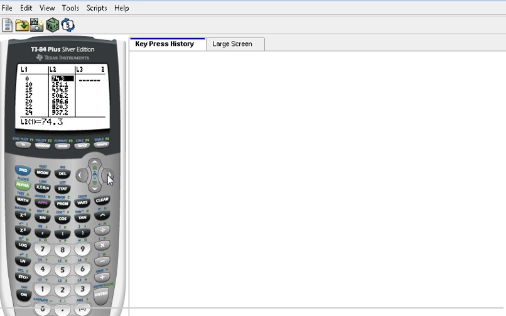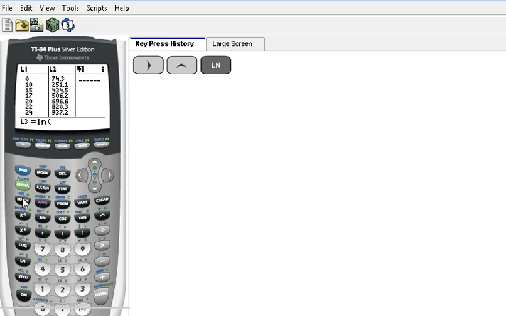So I'm going to use the arrow keys to put the cursor in the L3 cell, and then I'm going to press natural log, second 2. And you will see that what that does is display the function natural log of L sub 2.